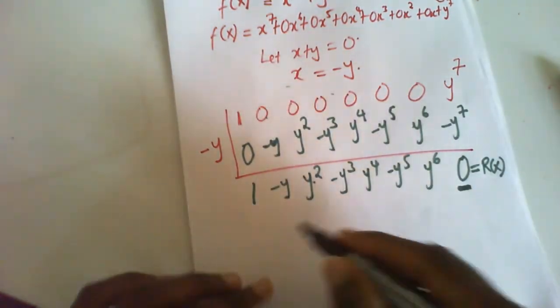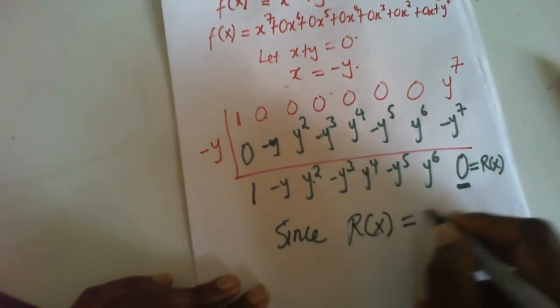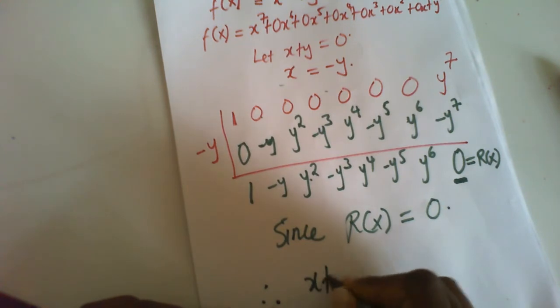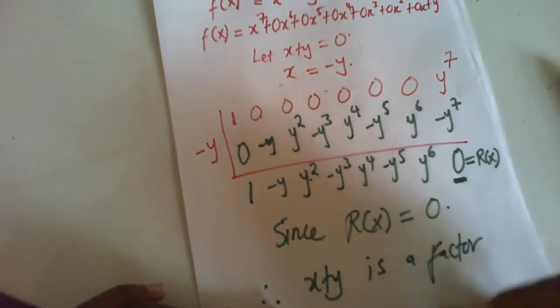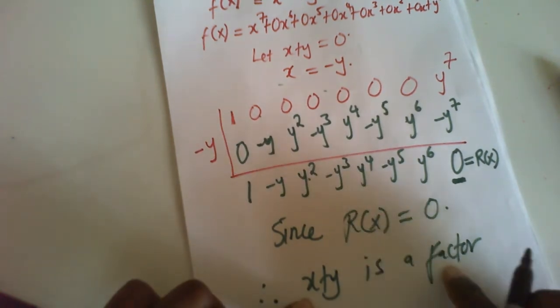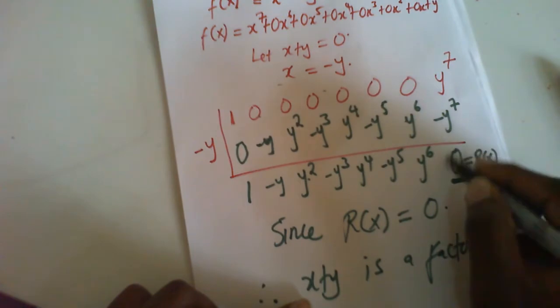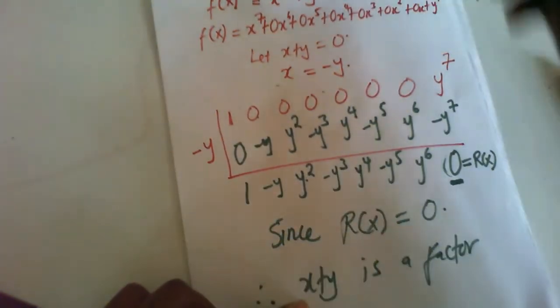Now, since our remainder is 0, then we can say therefore x plus y is a factor. So why is x plus y a factor? x plus y is a factor because it gives us a remainder of 0 after dividing with the use of what?